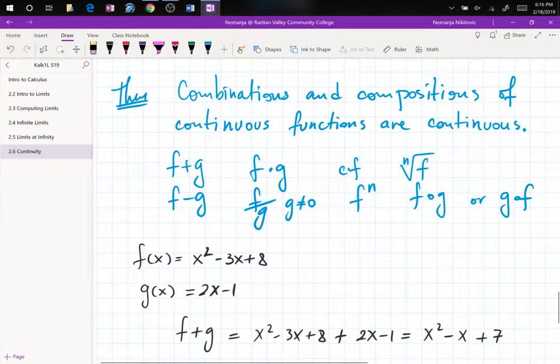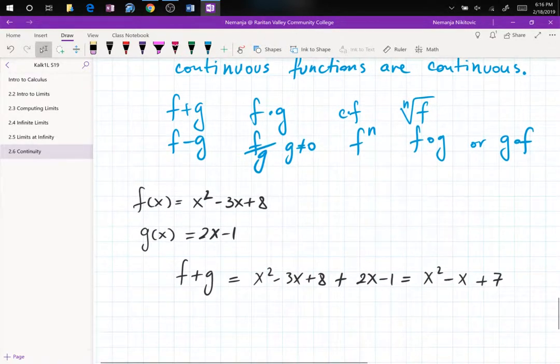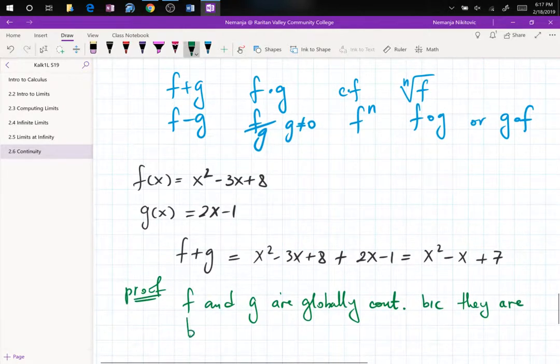See that? So what is your proof here? You would write a paragraph that will state: proof, f and g are globally continuous. This is you calling on the first blue theorem, because they are both polynomials.